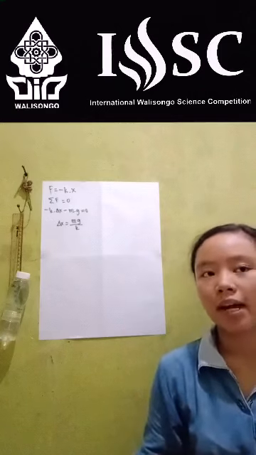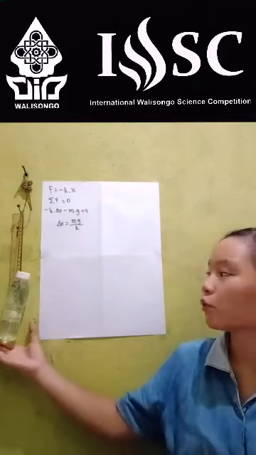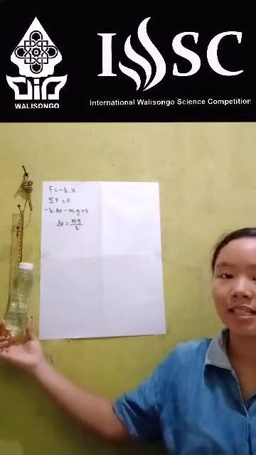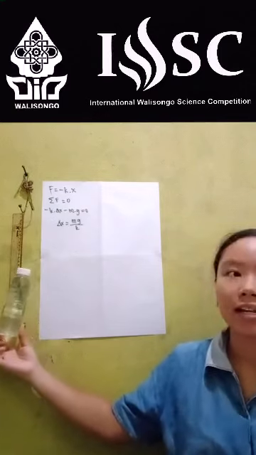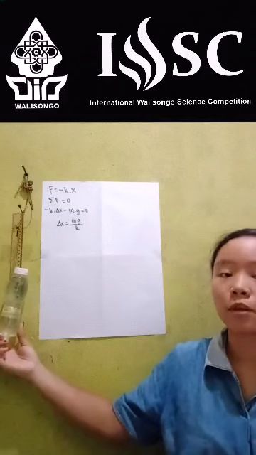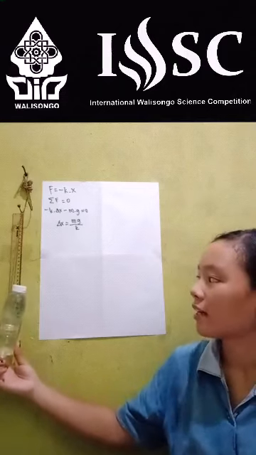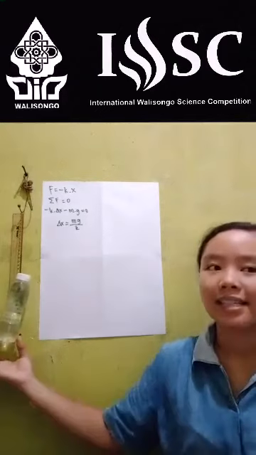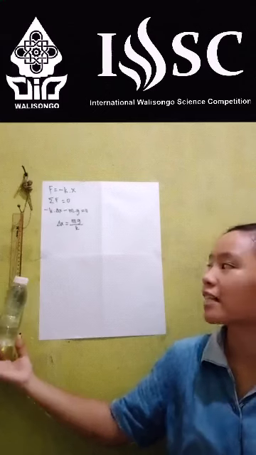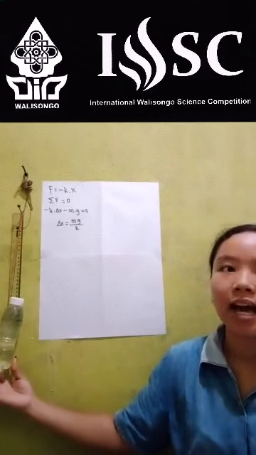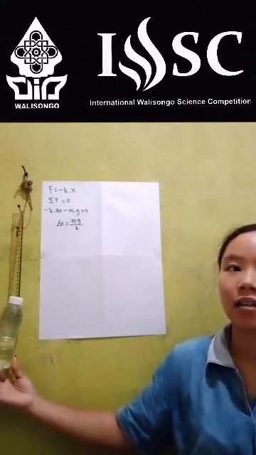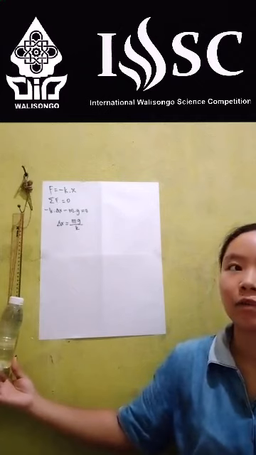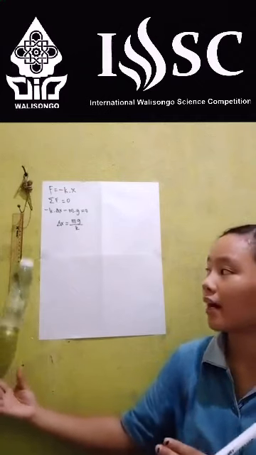This happens when I apply a downward force on this system, past its equilibrium point. Then I release it. We can see that the system will experience oscillation, that is, the movement is back and forth.